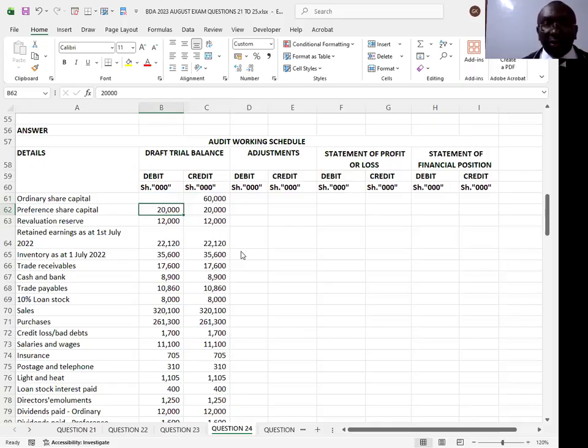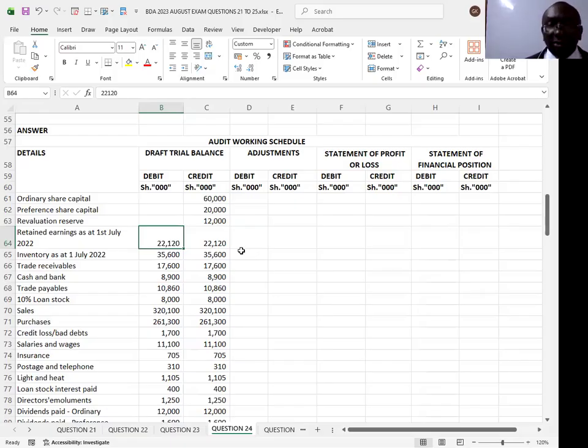Let's go to preference share capital. Where does it belong? Yeah, it's also a credit balance. Revaluation reserve. Yeah, revaluation is also credit. Retained earnings, those are profits.